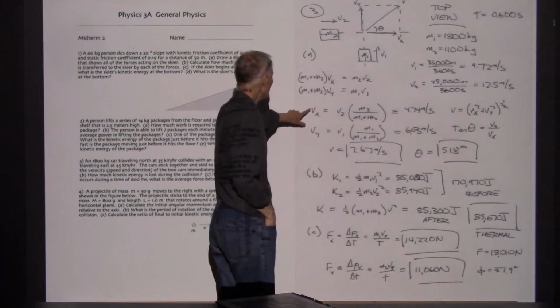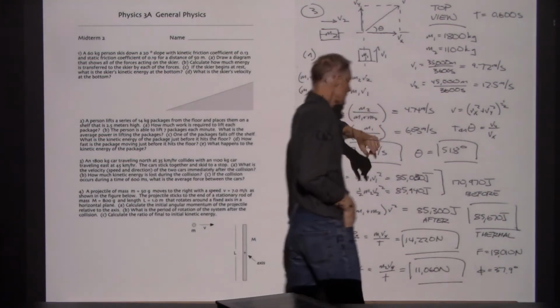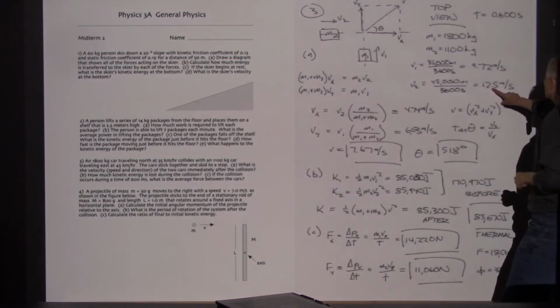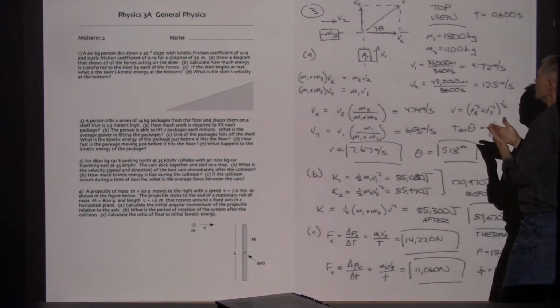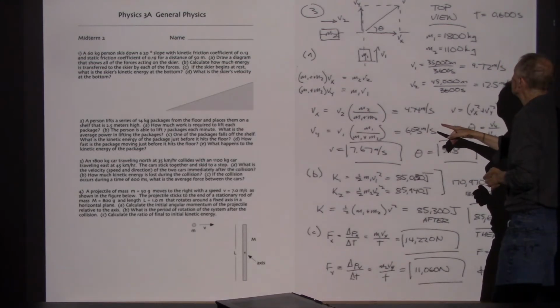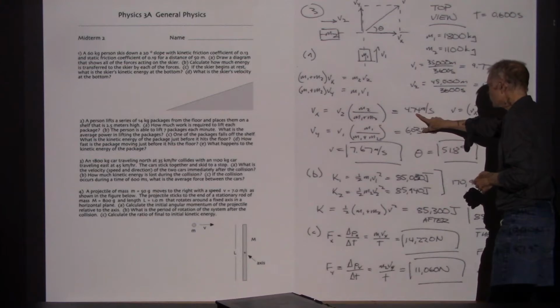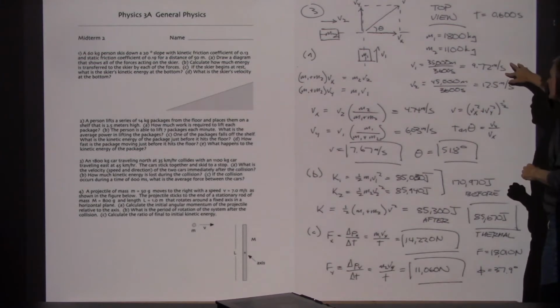So it works out that in the x direction, the car coming in from the x direction was at 12.5 meters per second, but when the two cars collide, that is now reduced to 4.74. The car coming in the y direction was coming in at 9.72.